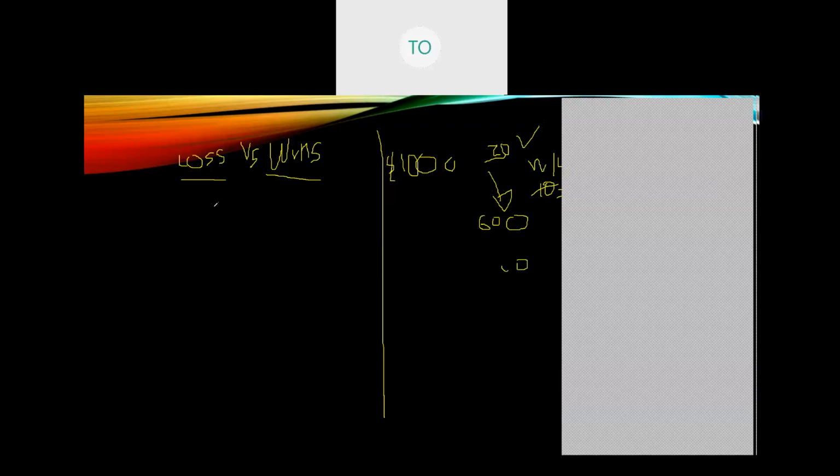Number two, you'll find for many of the platforms, almost all of them, if you take a trade and you are able to win, let's say you take one pip, it might only give you maybe $10. But the same pip, if you lose it, you lose $30.